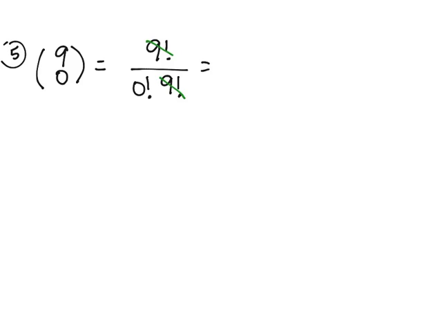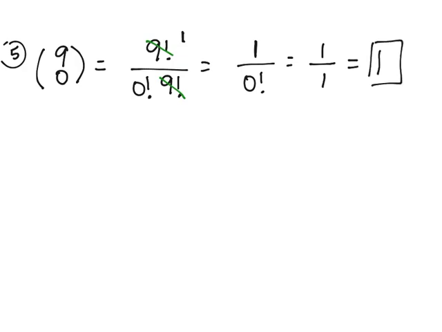So if you cancel out your top, you technically just have a 1 left. Now, a lot of algebra professors, mathematicians, they're still debating what 0 factorial equals. But right now, 0 factorial is the same as 1. So 1 over 1 is just 1.